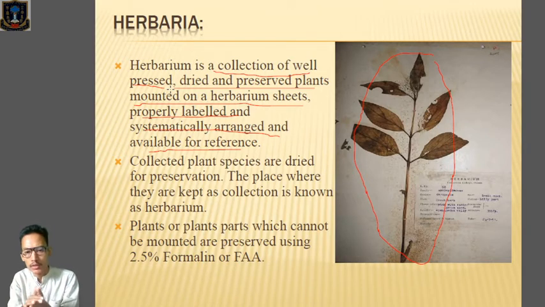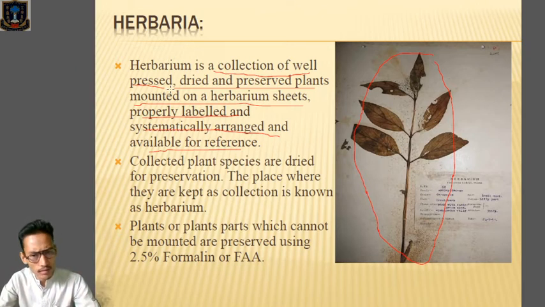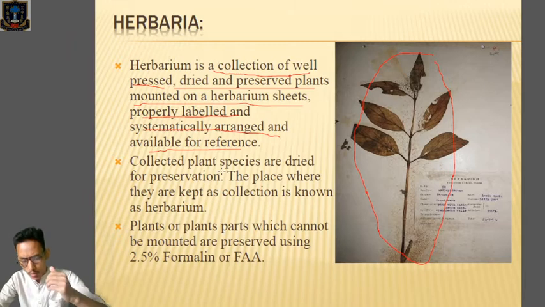You can see in the figure, the plant is well dried. Clear? Then those dried plants will be preserved on a sheet, the herbarium sheet, for further studies. Clear?